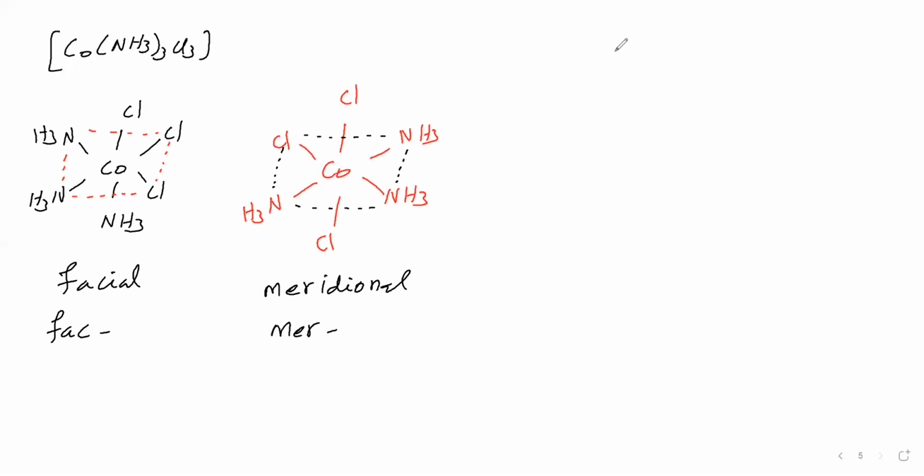Next one, what is it? [Cr(en)2Br2]+. We are taking this complex. Here we will take Cr. Now 6 coordinate bonds we have written.